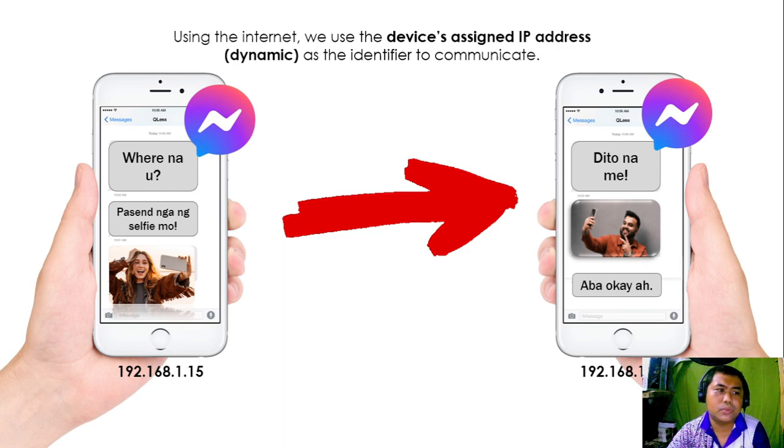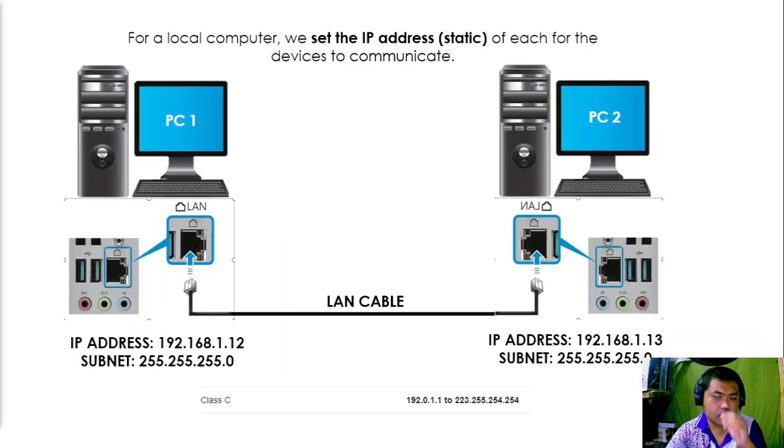That is how a dynamic IP address works. Now, unlike in a local computer setup, we want the IP addresses to be set to static. That means we want every computer to have a specific IP address. Why? It is easier to locate or secure files because it has a fixed address.